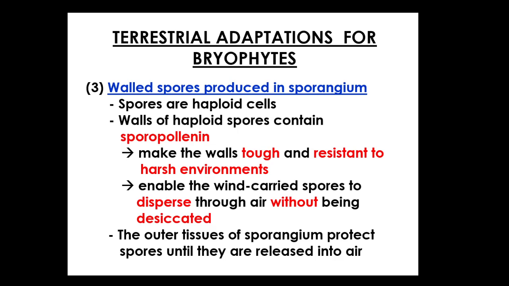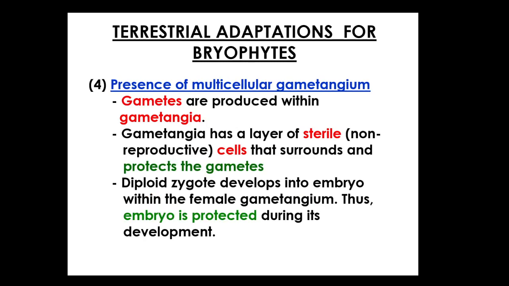So this enables the wind-carried spores to disperse through the air without being desiccated or without being dried out. And the outer tissues of the sporangium will protect the spores until they are released into the air. So this is another adaptation to make it tough and to prevent it from drying out.